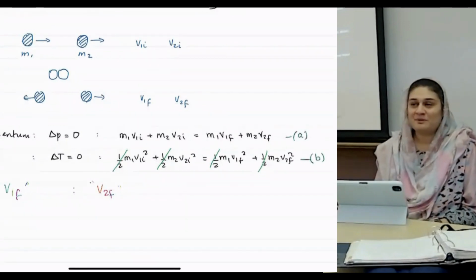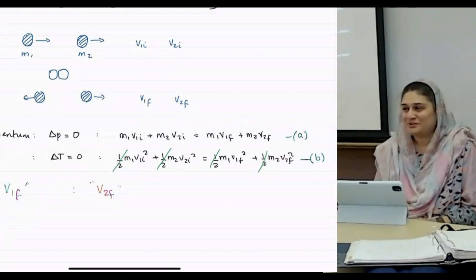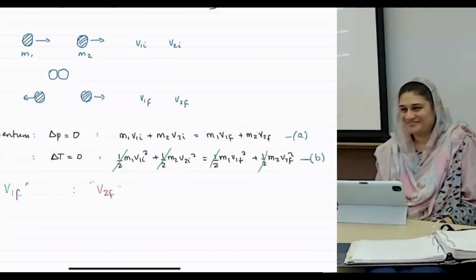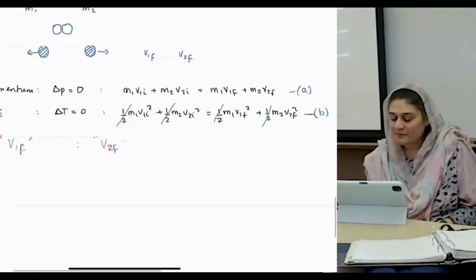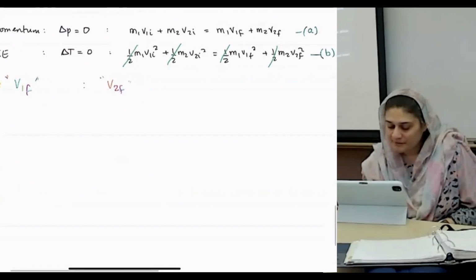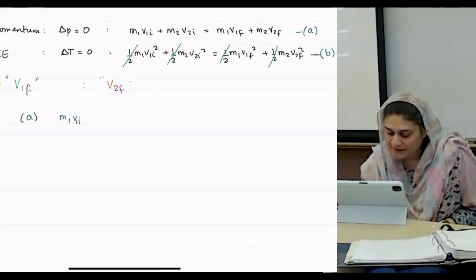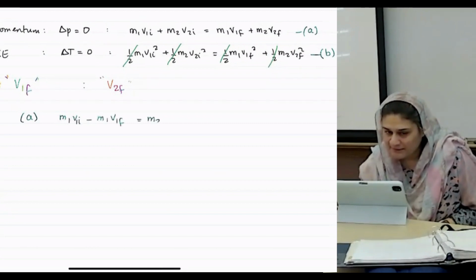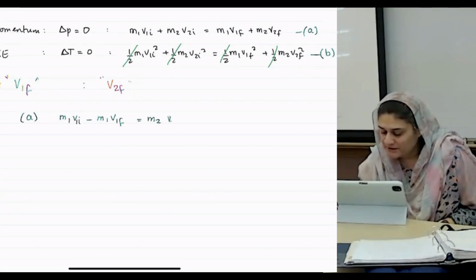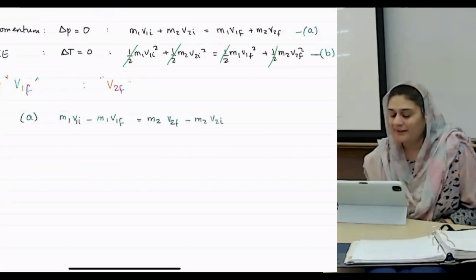I might change them to 1 or 2 later, but so far let's call them A and B. May I write equation A as M1 V1I minus M1 V1F equals M2 V2F minus M2 V2I.